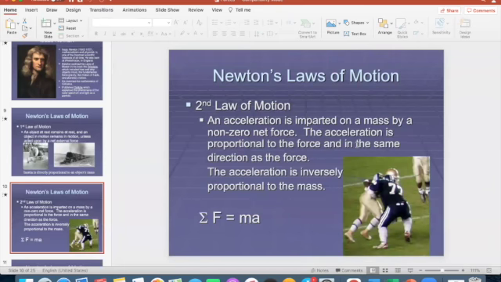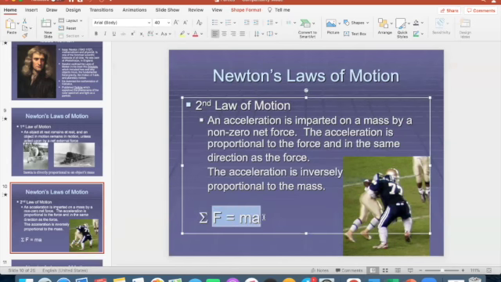All right, so the second law of motion is where you have acceleration of a mass by a non-zero net force. There has to be some sort of force on the object in order for it to accelerate. Your acceleration is inversely proportional to the mass. Now, this is the equation that you need to put on your formula sheet.